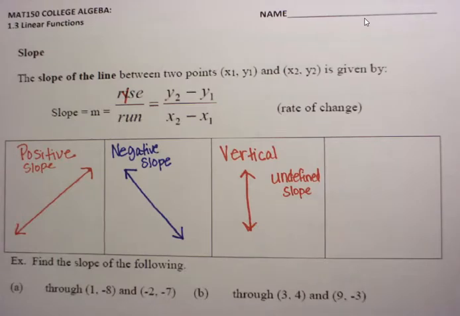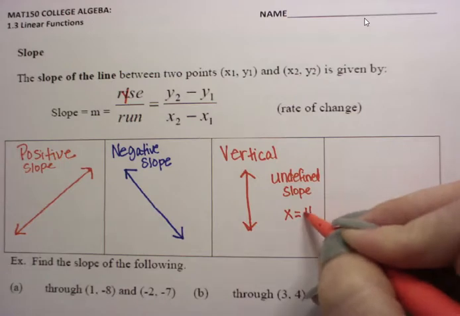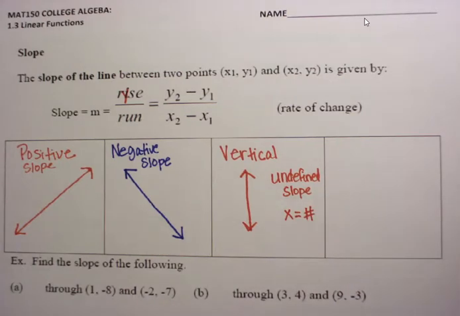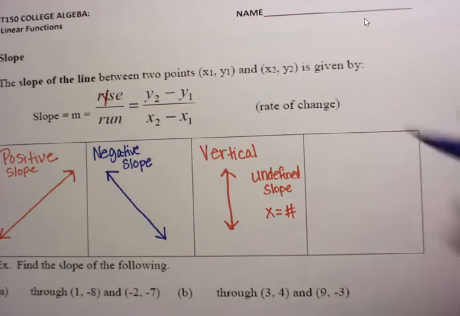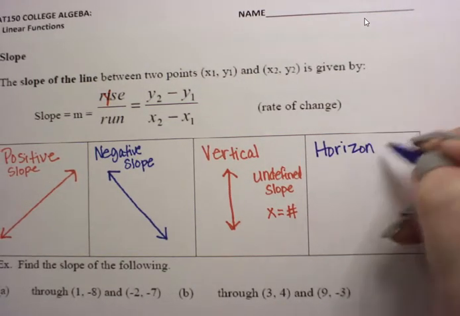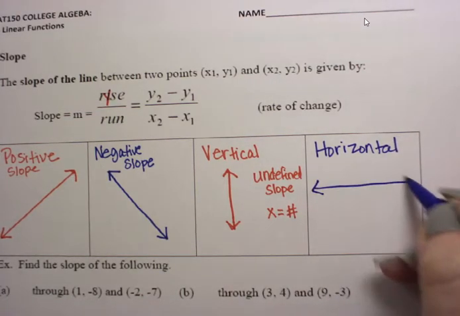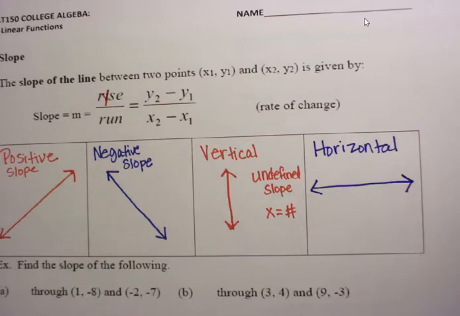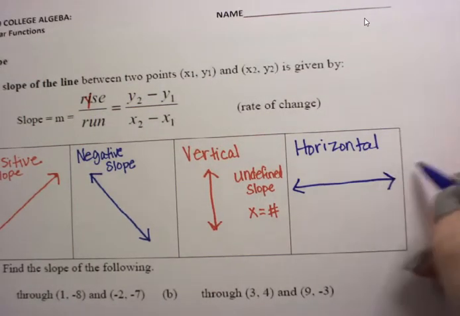When you're looking at the equation, it's x equals some number, so it actually does not have a slope. It's just x equals some number. When we look at a horizontal line, a horizontal line is a flat line running left to right. And the slope of that line is 0.